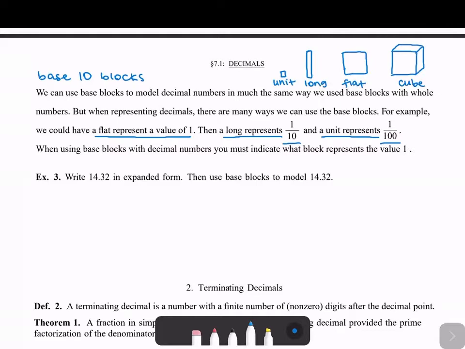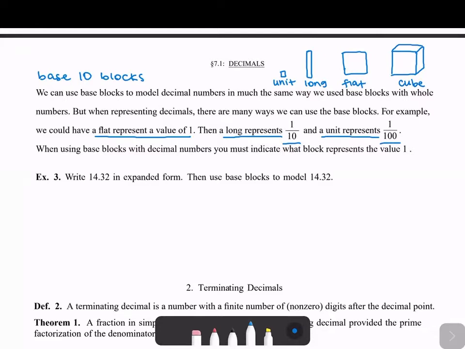It represents the thousands place. So if our unit is our ones, our long is our tens, and our flat is our hundreds, then our cube is our thousands. But we can also do it the opposite way. If our cube is our ones, then our flat is our tenths, our long is our hundredths, and our unit is our thousandths. So it can go both ways, just instead of going up from units, going down from cubes.